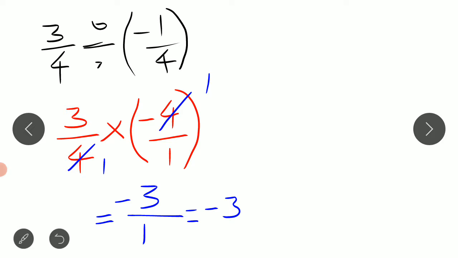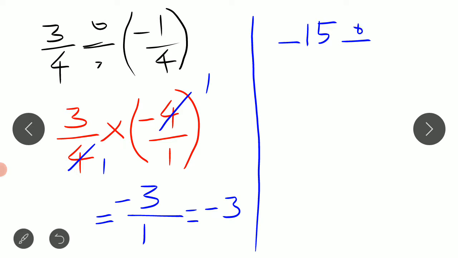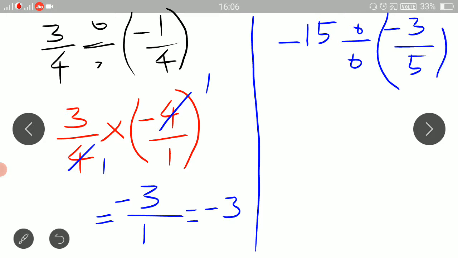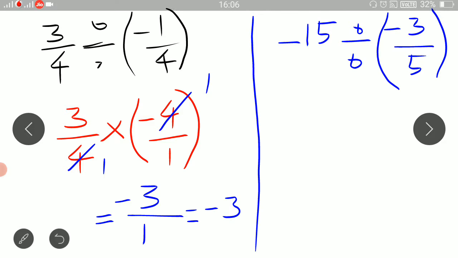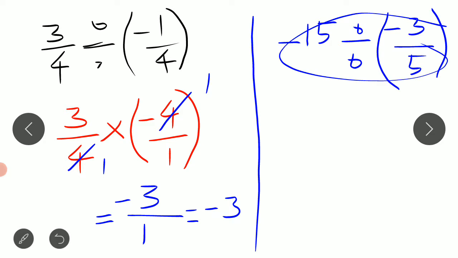Let's see some more examples. Minus 15 divided by minus 3 by 5. Now we are going to divide the rational numbers. As usual, we cannot divide rational numbers directly.